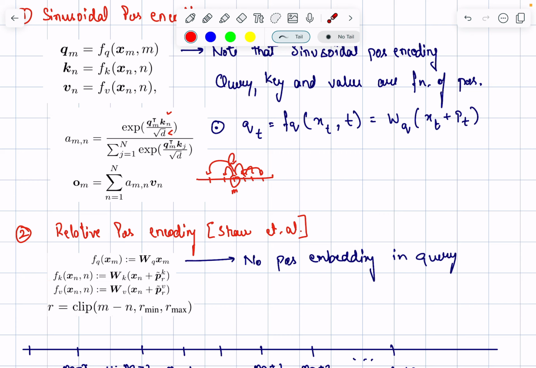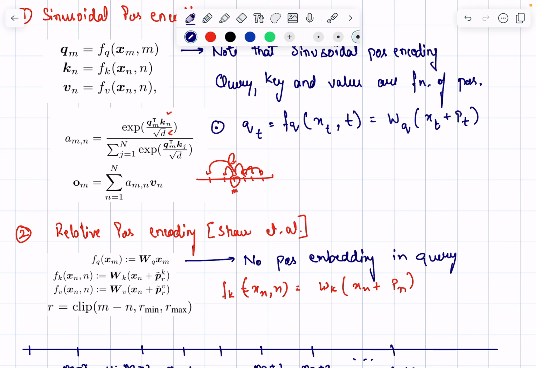But note that earlier, in the sinusoidal case, what did we have? Fk of xn comma n would have been Wk xn plus Pn, correct? But in this case, they do not do this.